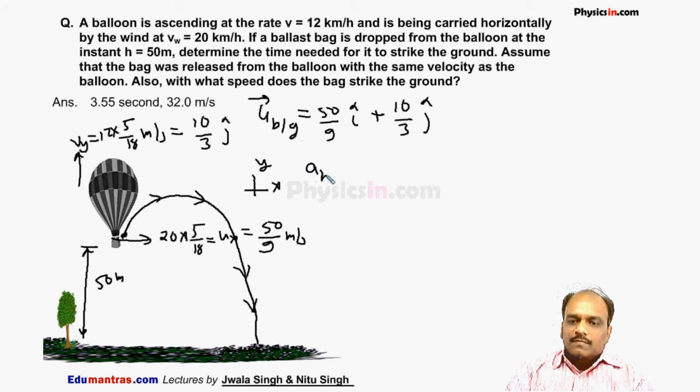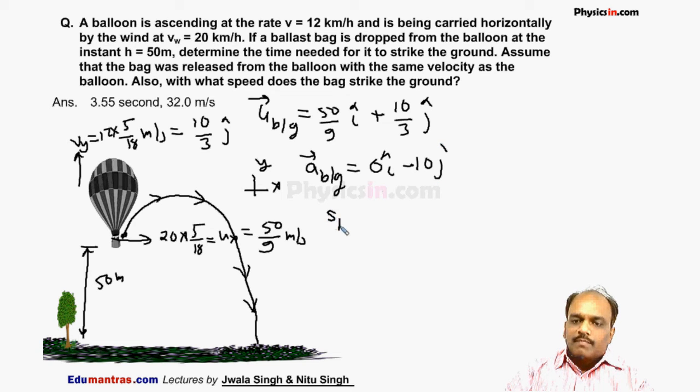The acceleration of bag with respect to ground is 0 i cap minus 10 j cap. The displacement of bag with respect to ground, let it be horizontal displacement x, is x i cap minus 50 j cap.